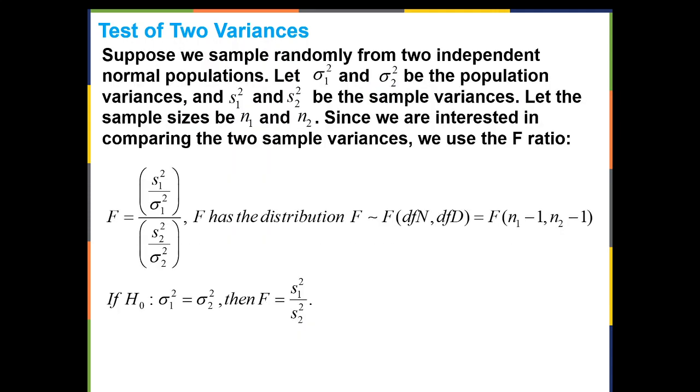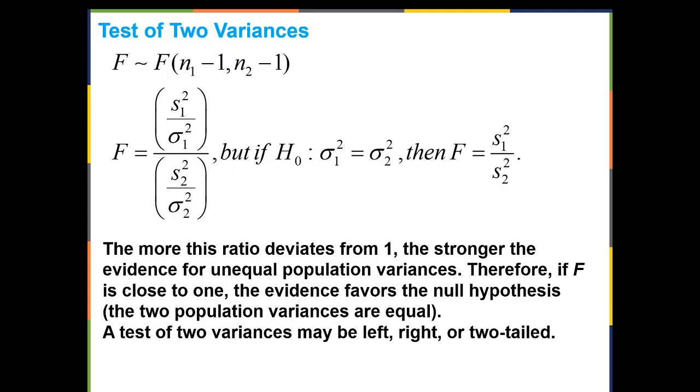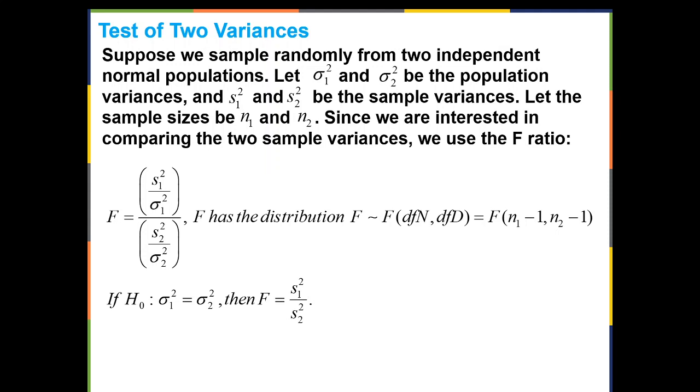So I'm going to move on and talk about this idea. Suppose we sample randomly from two independent normal distributions. Let sigma 1 squared and sigma 2 squared be population variances, and these two, of course, are sample variances. Let the sample sizes be n1 and n2.